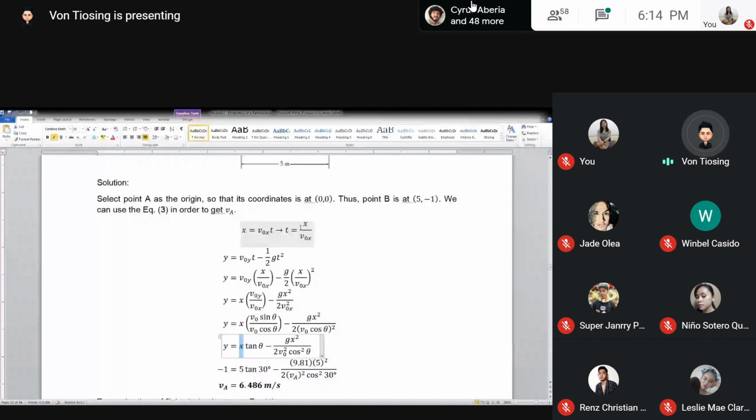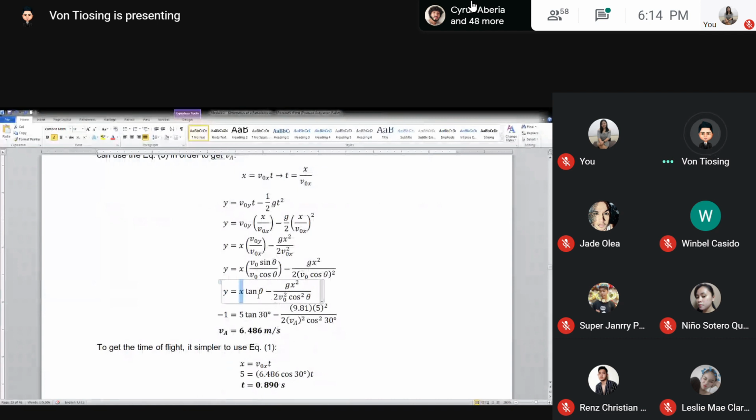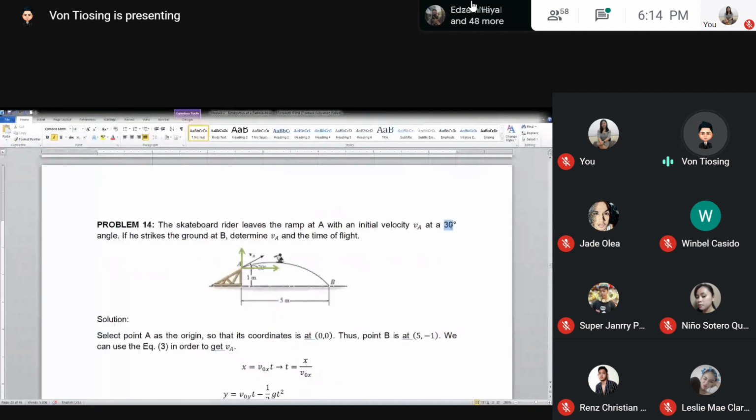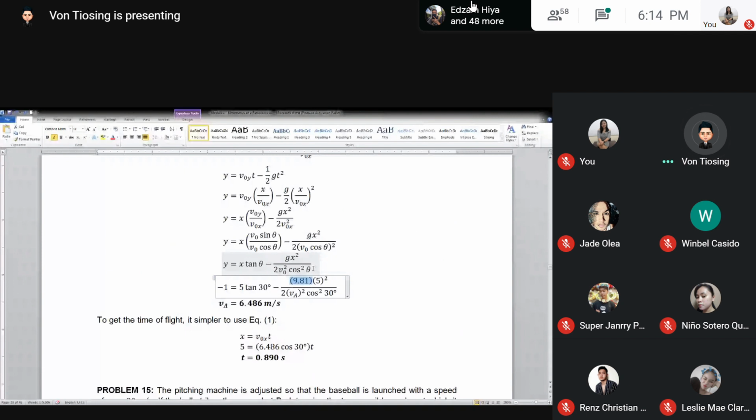So, we have substitute lang natin. x is 5. Theta 30 degrees. And then g, don't forget 9.81. Kapag English system, 32.2. So, negative 1 equals 5 tangent 30 minus 9.81 times 5 squared over 2, v naught, yung v A na hinahanap natin, naka-square, cosine squared of 30 degrees. So, you can just solve it by means of your calculator.